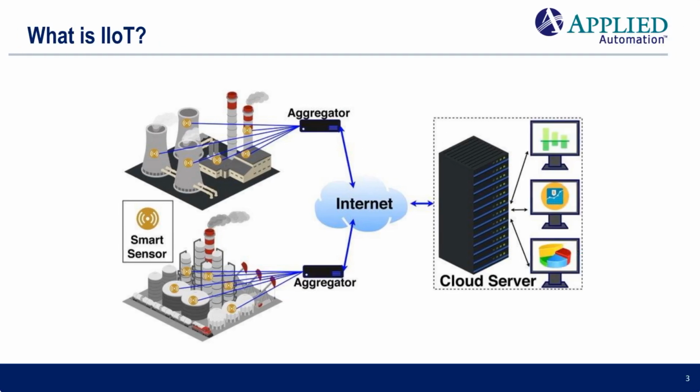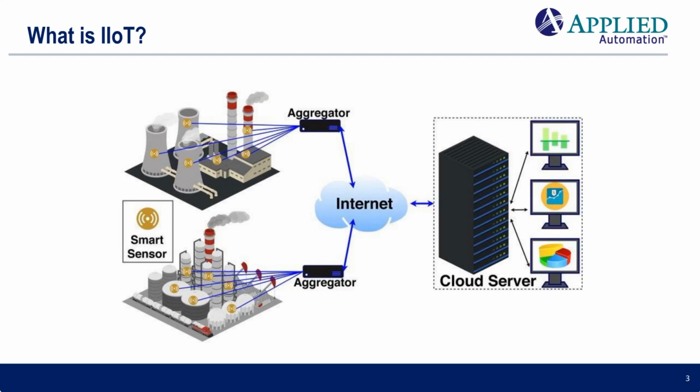Starting off with what is IoT? IoT is a very big word, similar to AI, that has a bunch of different interpretations. My role within the past 2 years has been trying to define what this word means for Applied.